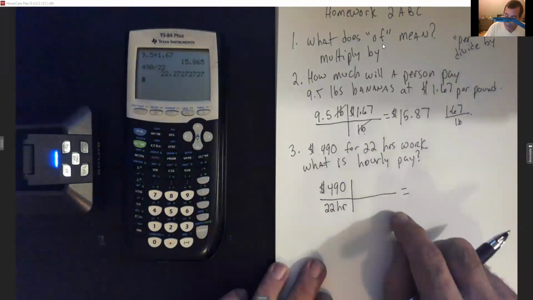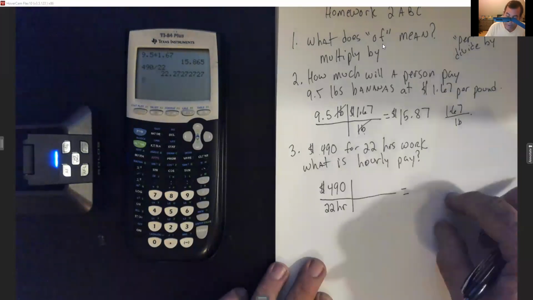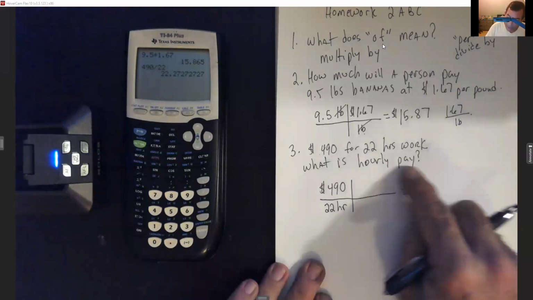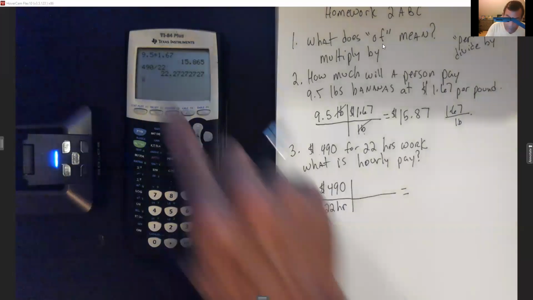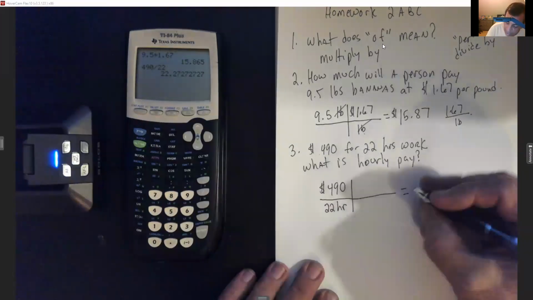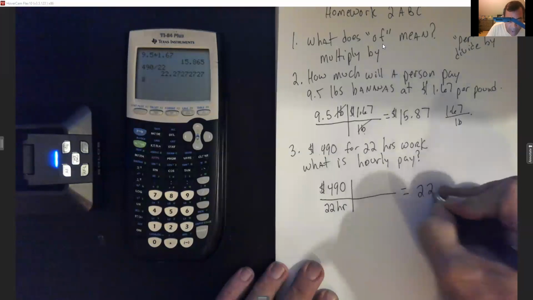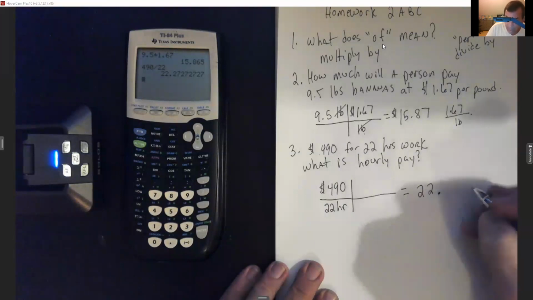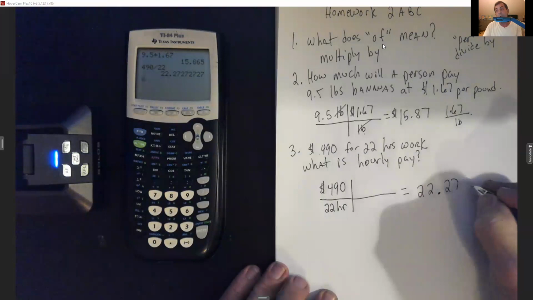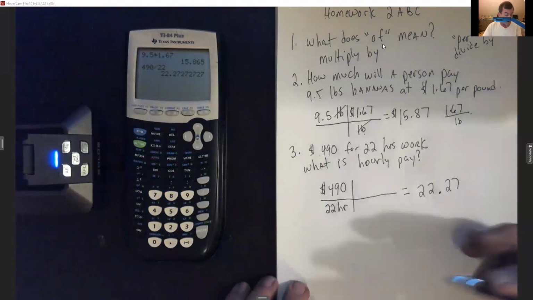How much you make per hour, since that's our hourly pay. So now what I did, I took that $490 and divided by the 22 hours, and that gave me 22.27 after rounding to the nearest cent. Because the number after the 7 is a 2, so I'm not going to round that one up. I'm going to leave it a 7.